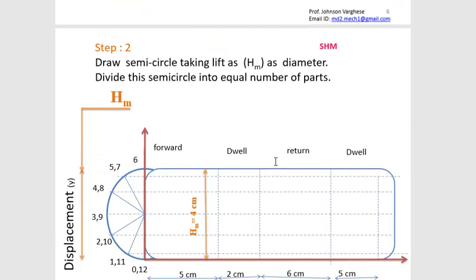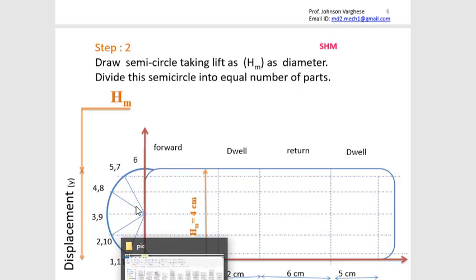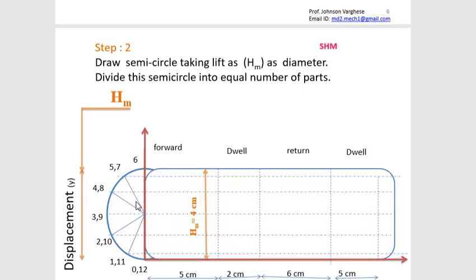The next step is to draw a semicircle taking lift as HM. So I know the vertical length I have taken as 4 centimeters, and I will draw a semicircle around the y-axis and divide the semicircle into equal number of parts. If you can see here, 1, 2, 3, 4, 5 and 6. So there are 6 parts, and I am dividing the semicircle into 6 equal parts.